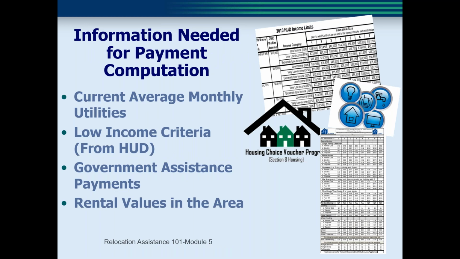So you will ask them what utilities they pay at their current place. And you'll be making note of which ones they have, because you're going to need this information. Is the stove gas or is it electric? What about their heating? You do not need to ask for the utility bills because you're going to use a utility sheet, which we'll talk about in a minute.